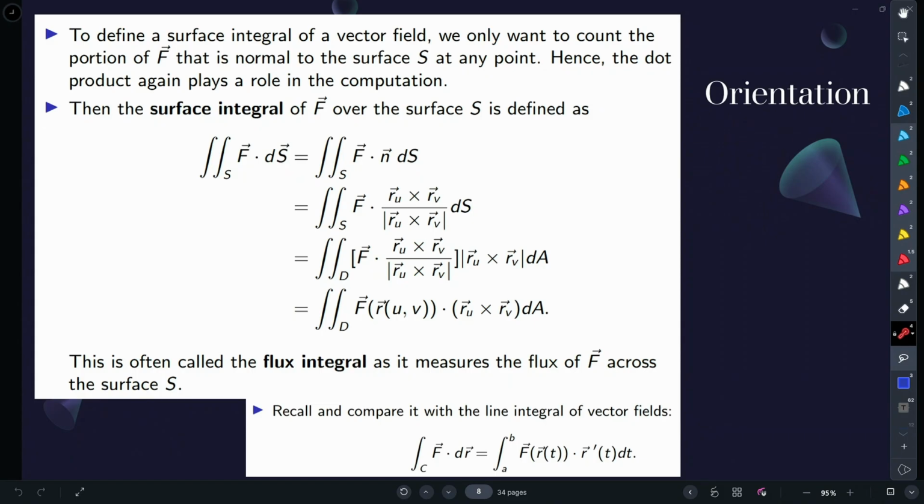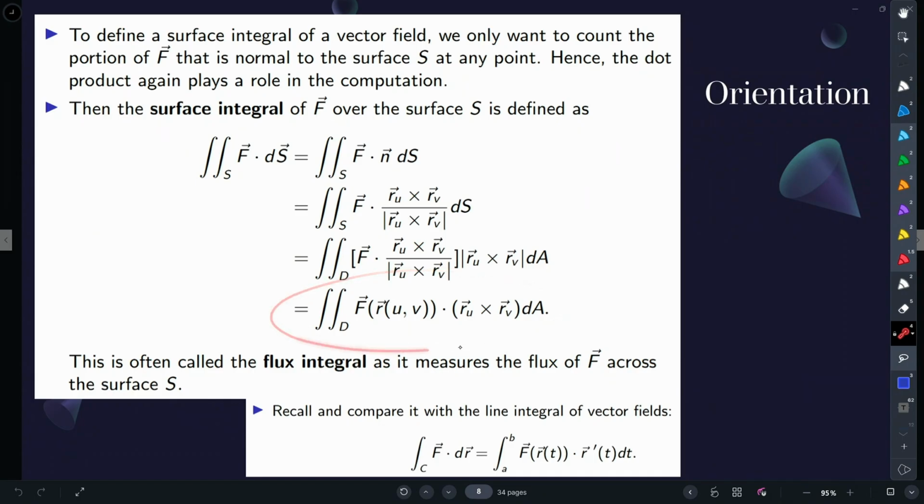That's what's called a flux integral, and it measures the total flux of F across the surface. How much of this force, or how much of this flow, is flowing out of the surface at any given time. All right.